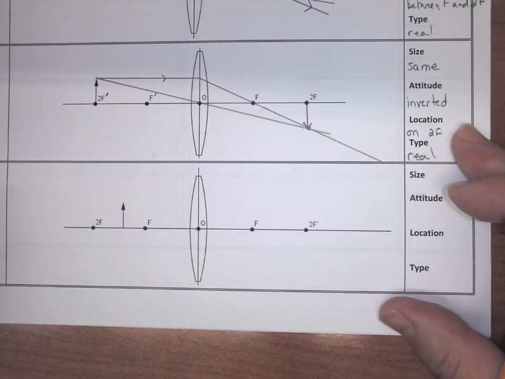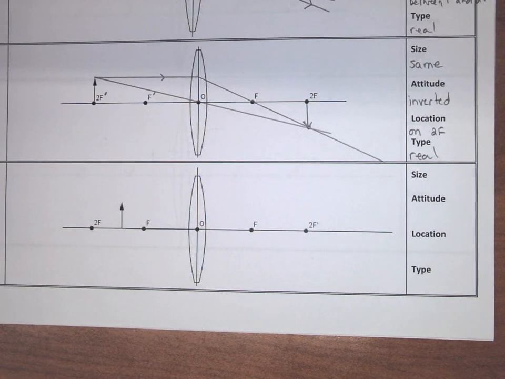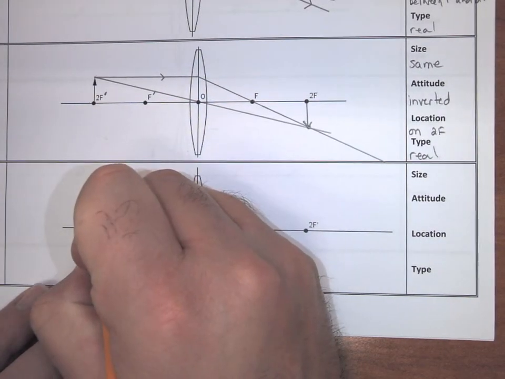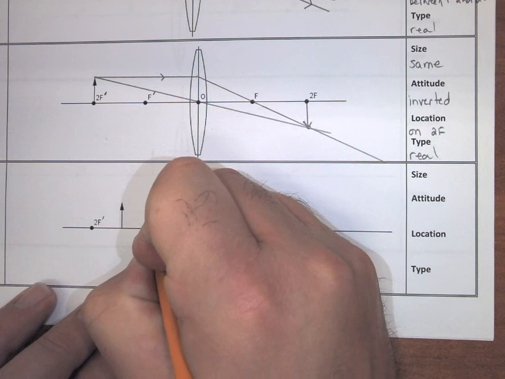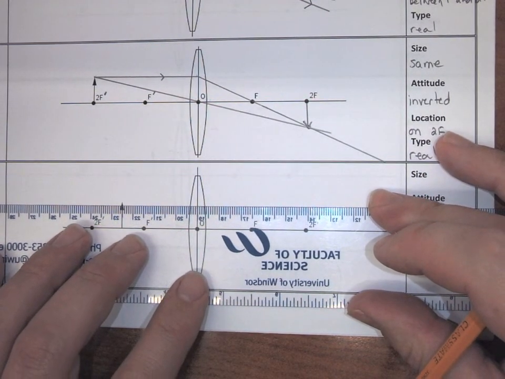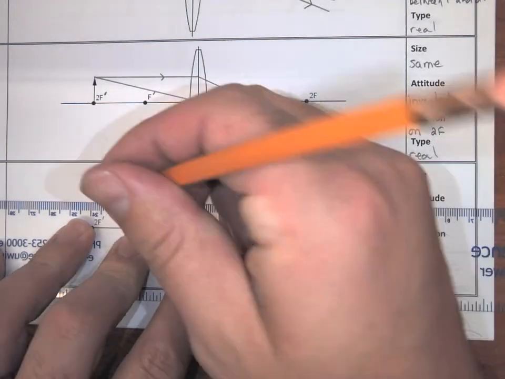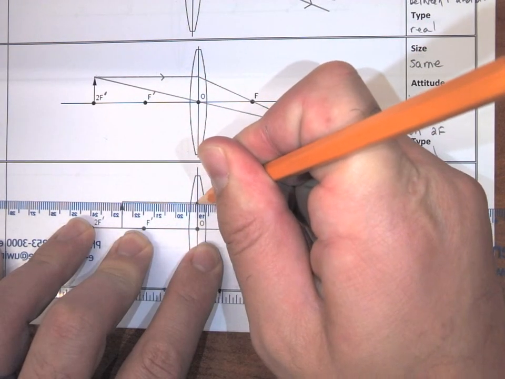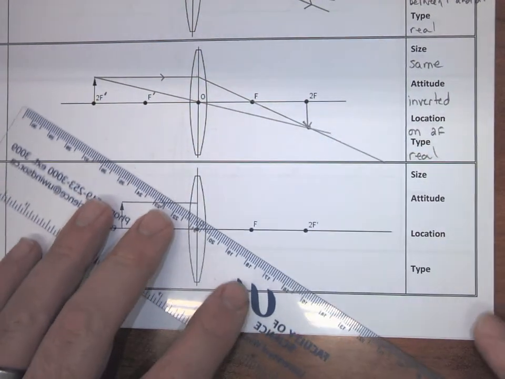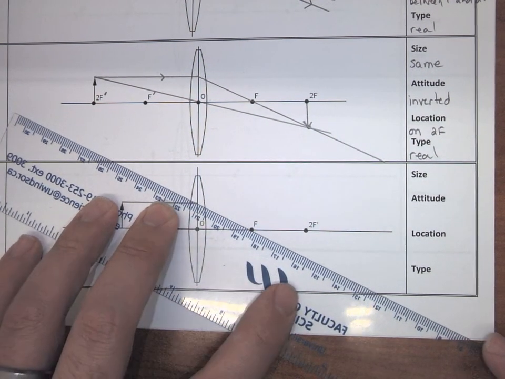Case number 3, our object is located between 2F and F. Again, these are our secondary points. Our first ray will be drawn parallel to the principal axis, and it will refract through the focal point.